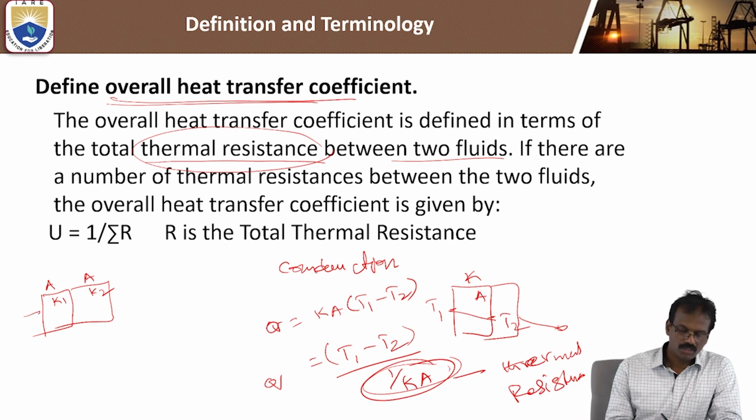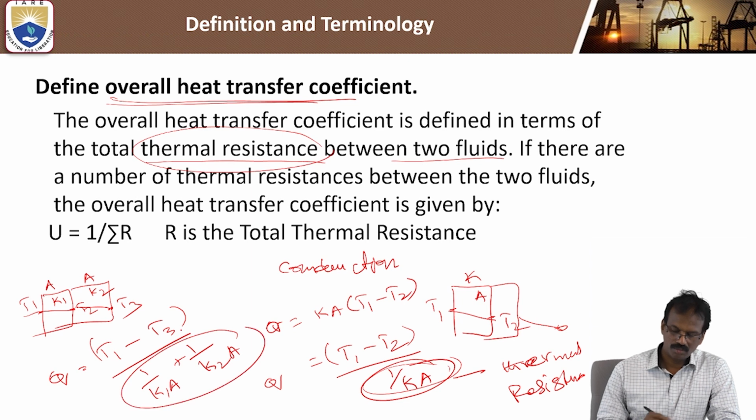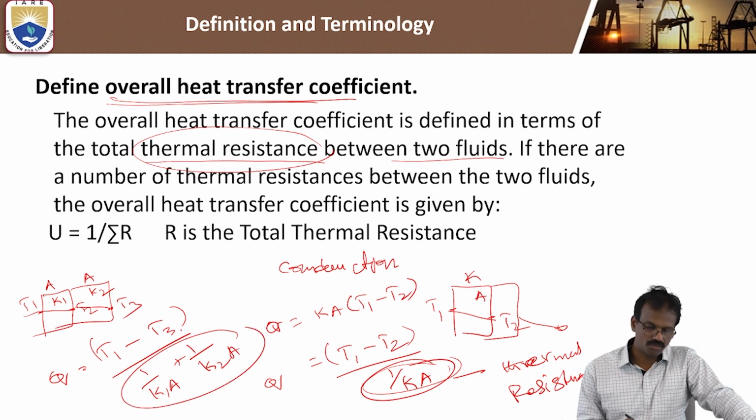This is the temperature T1, this is T2, and this one is T3. Then the formula, adding the resistances, is Q equal to (T1 minus T3) divided by (1 by K1A plus 1 by K2A). This is the thermal resistance of the first slab, and this is the thermal resistance of the second slab.